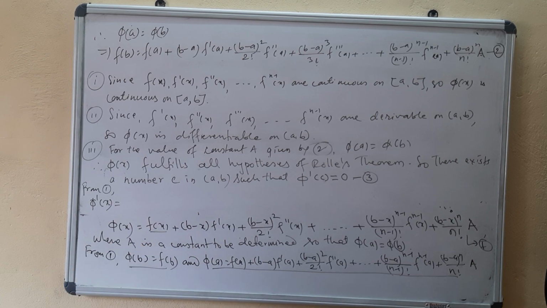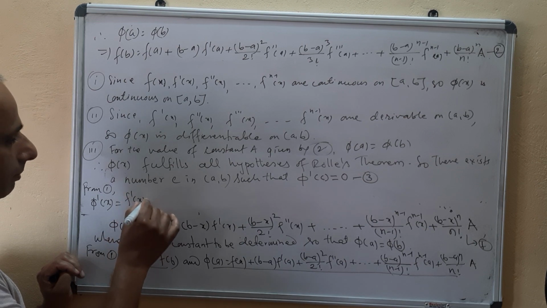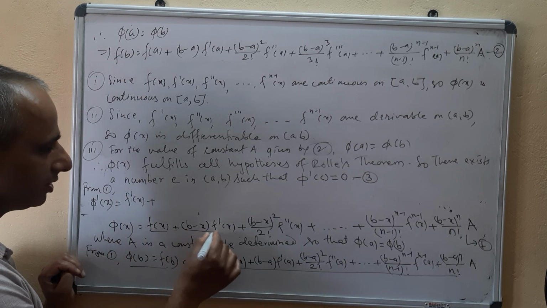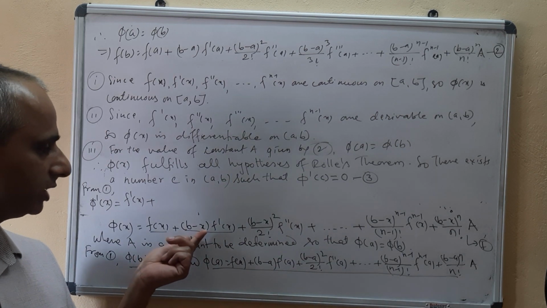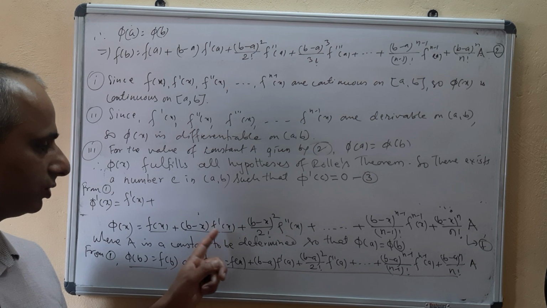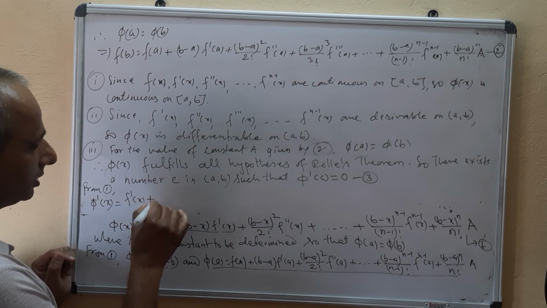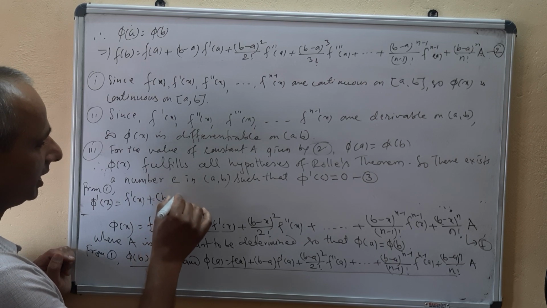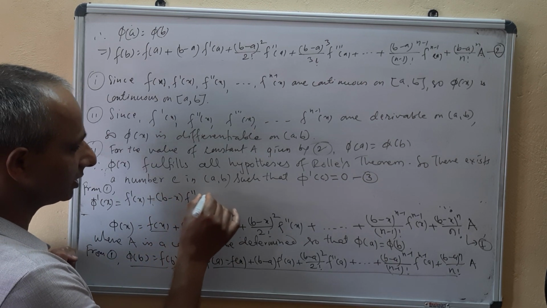The differentiation of the first term will be f dash of x. Now the differentiation of the second term. Here are two functions of x, one is b minus x and the other is f dash of x. First I'll differentiate f dash of x, so plus b minus x times f double dash of x.